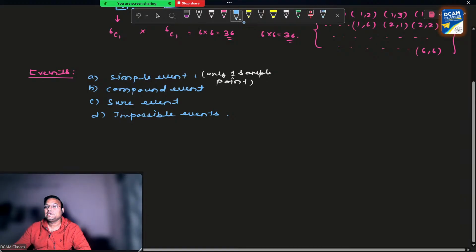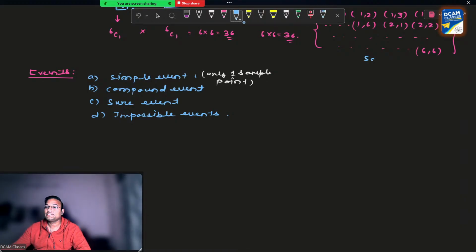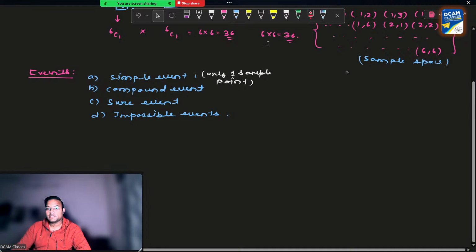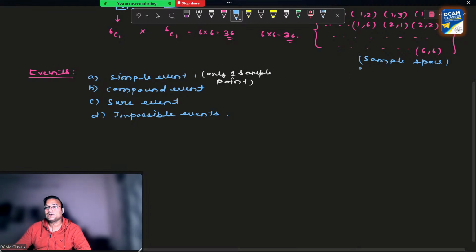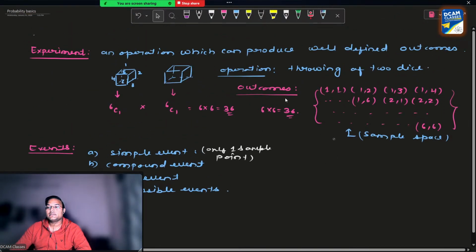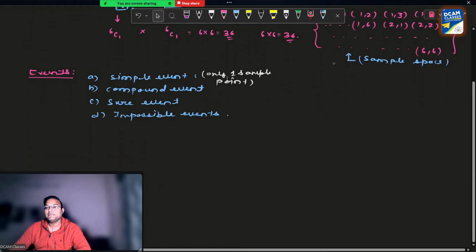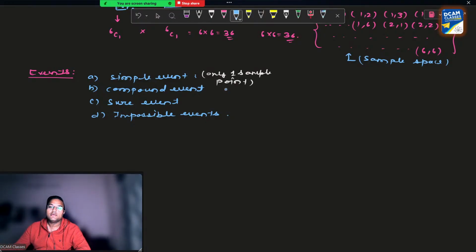What is a sample point? This is known as sample space. All the outcomes of an experiment make up the sample space. Simple event means it has only one sample point. Compound event means it has more than one sample point.